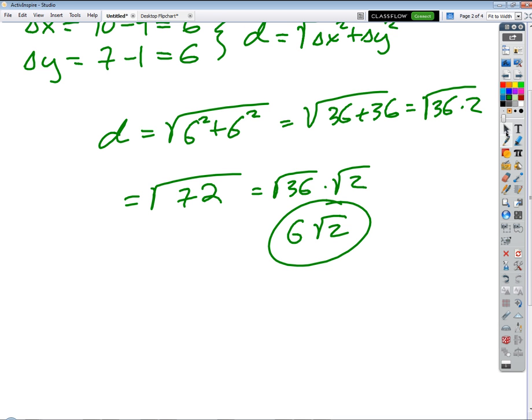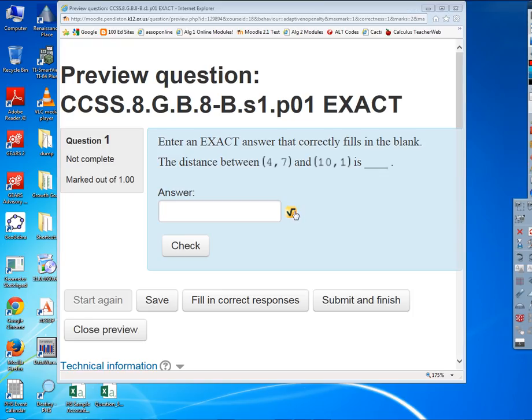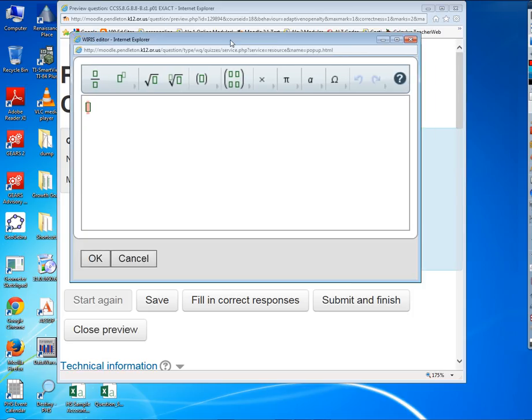Okay, let's do that. Let's verify that it works. So I got to pull up my editor. Of course, it's on the other screen. Okay, so grab, oops, I didn't mean to do that.